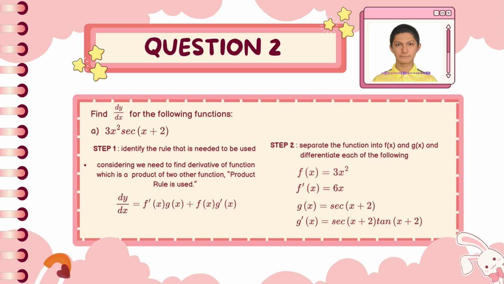Next, we need to find the value of fx, f prime x, gx, and g prime x, where fx is 3x squared and gx is sec x plus 2, and find the prime of each function using differentiation.